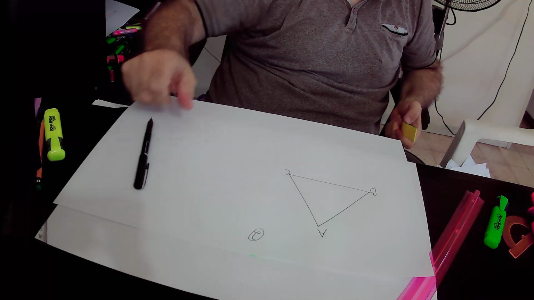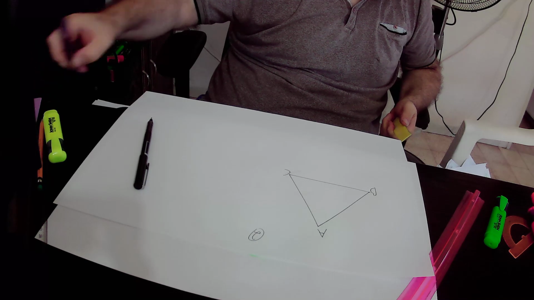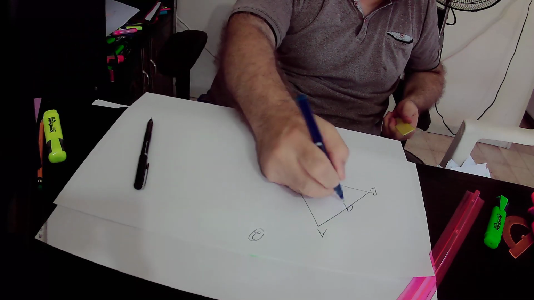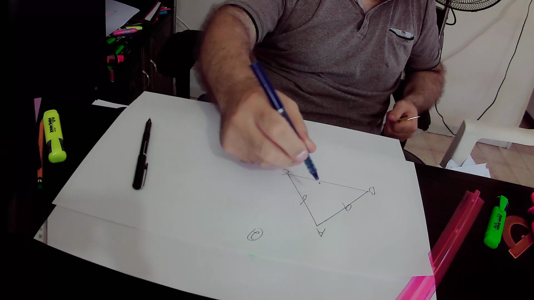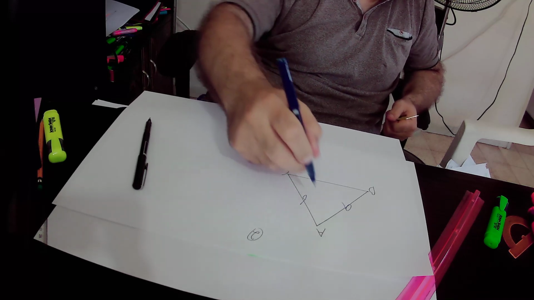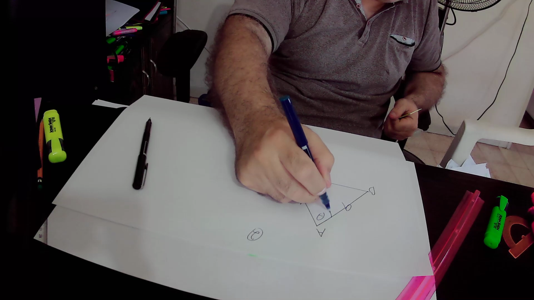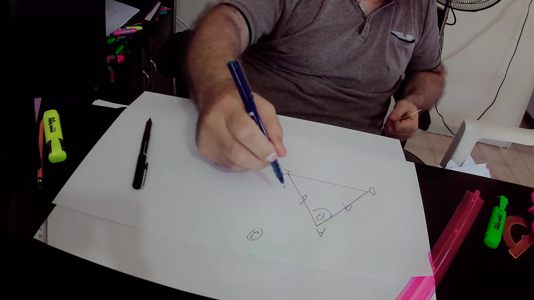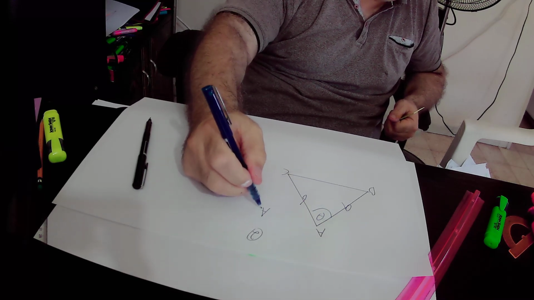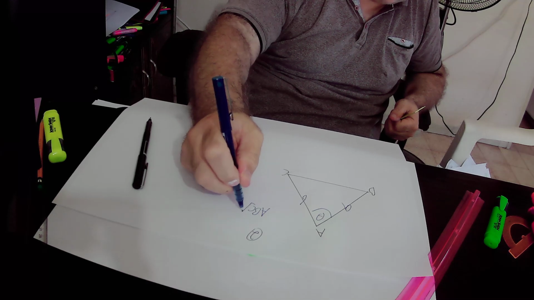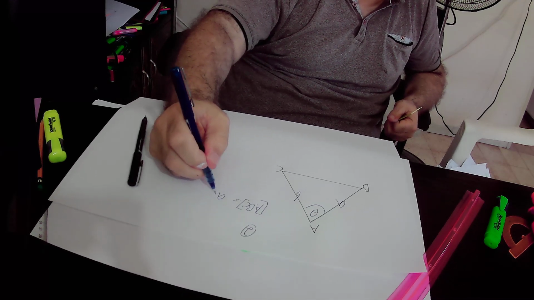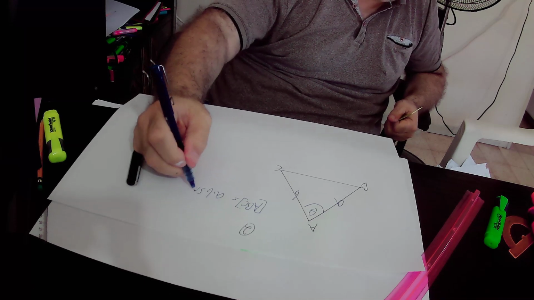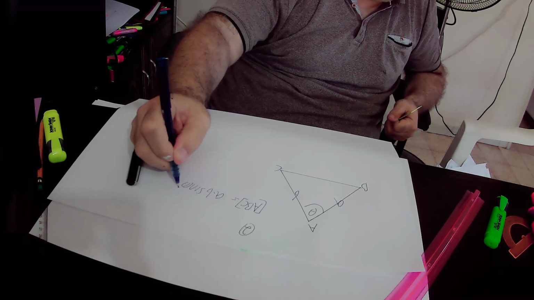We know that the length of side AB is equal to A units, side AC equals B units in its length, and the angle between side AB and side AC is theta. Then the area of this triangle ABC, according to the new formula, will be equal to A times B times sine theta over 2.